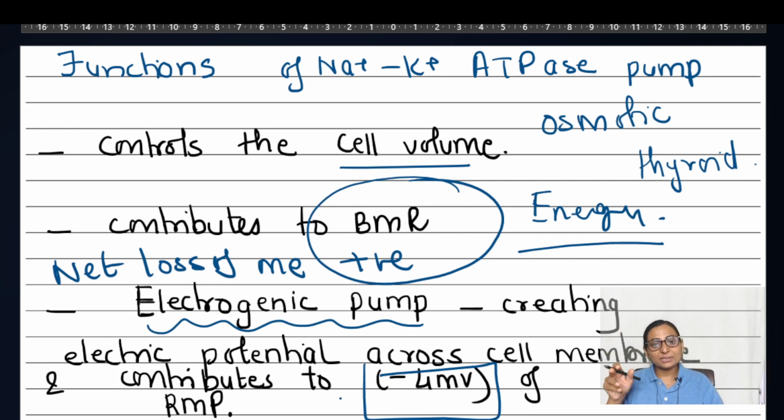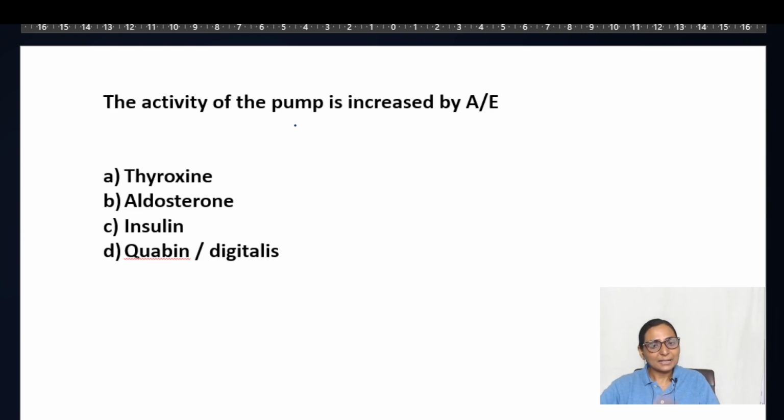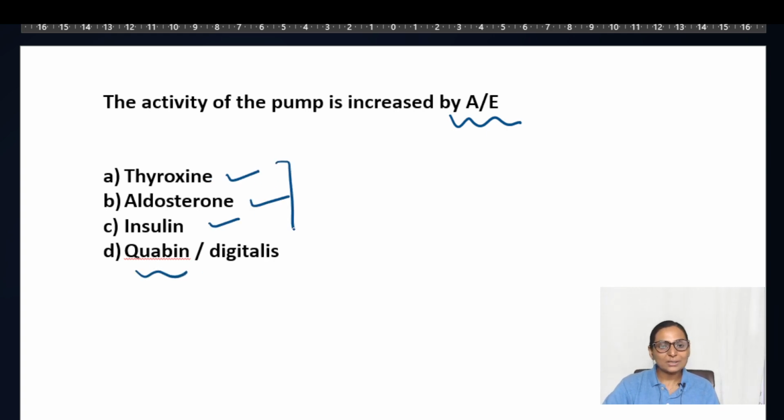So action potential के बाद अगर आप चाहते हैं कि next stimuli should give a response, it is very important that the resting membrane potential should be re-established, and that is brought about by the sodium potassium pump. So another MCQ: the activity of the pump is increased by all except thyroxine, aldosterone, insulin or ouabain. So all these 3, A, B, C, they increase the activity.